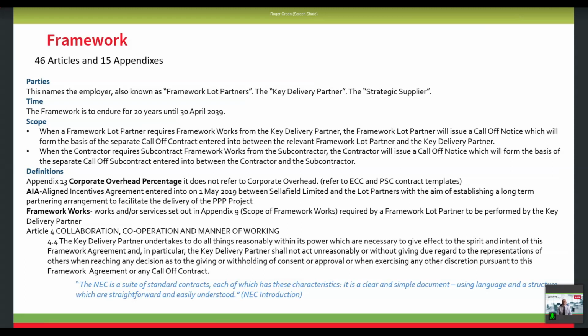Now, I will be a little bit pointed here. I think I know what that says, but it's not clear to me what it is saying. And I then go back to the NEC introduction, which says the NEC is a suite of standard contracts, each of which has these characteristics: it is a clear and simple document using language and a structure which are straightforward and easily understood.